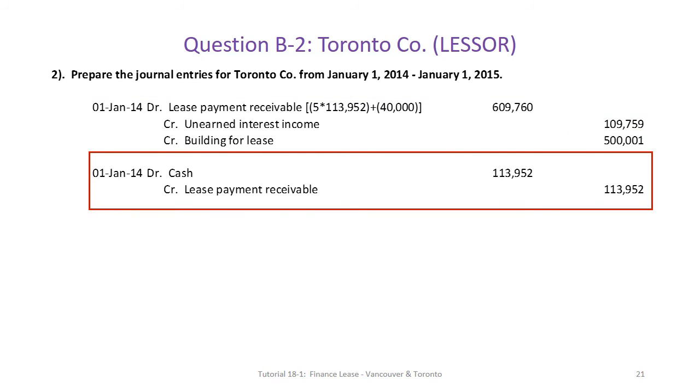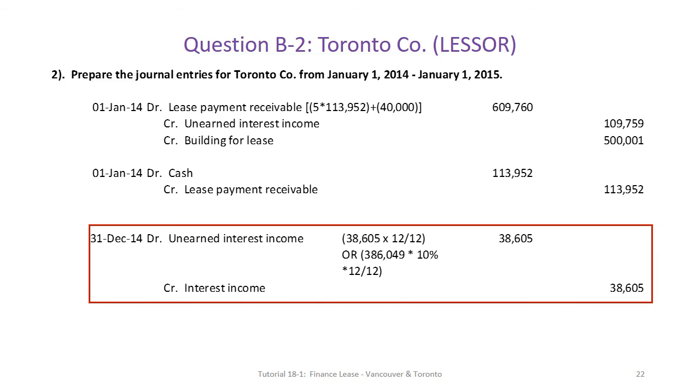Then we have a simple journal entry that mimics what we saw on the lessor side, on the lessee side, where the lessee pays cash and it is received by the lessor, and all of that initial payment goes to reduce the principal.